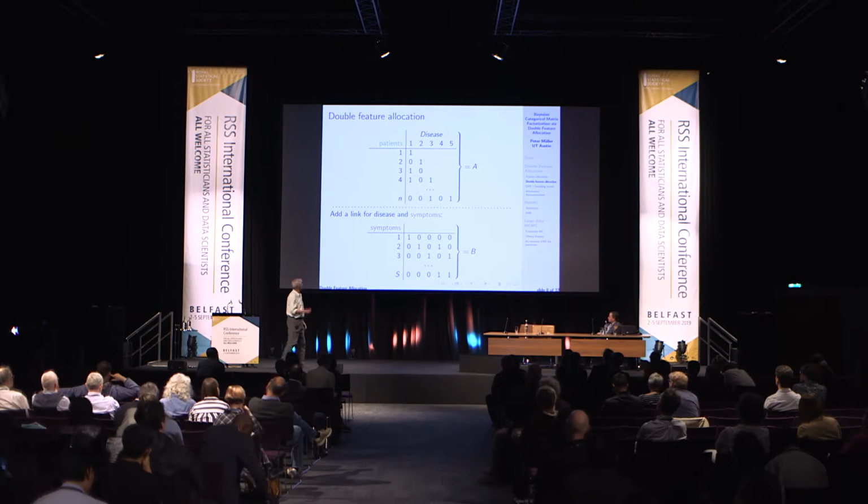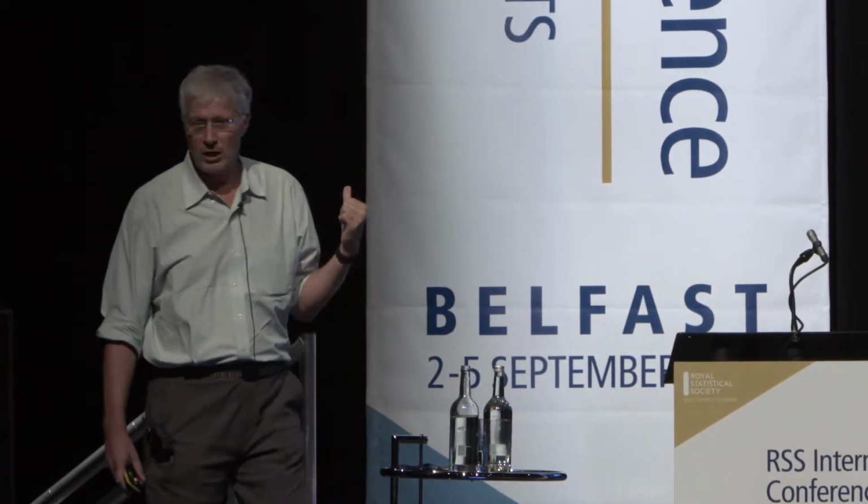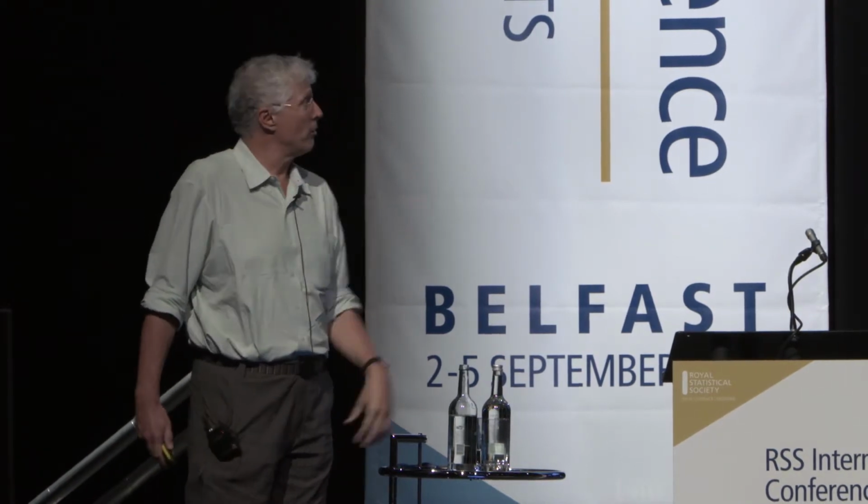So at this moment, we have given diseases to patients. We have linked the diseases with symptoms. What's missing now is we still have to link, at this moment, it's a prior construction for the latent diseases. I still have to link it with the observed data.